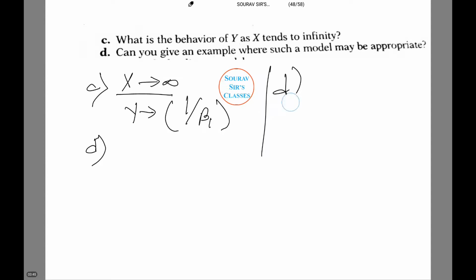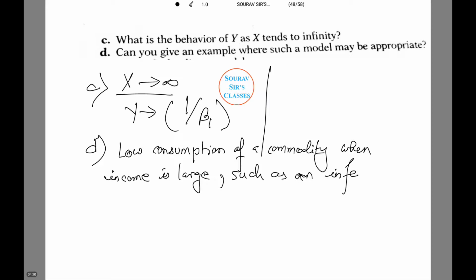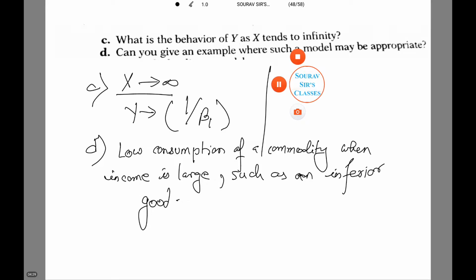This model may be appropriate to explain low consumption of a commodity when income is large, such as an inferior good. Now, since this question is solved, we'll go on to the next one.